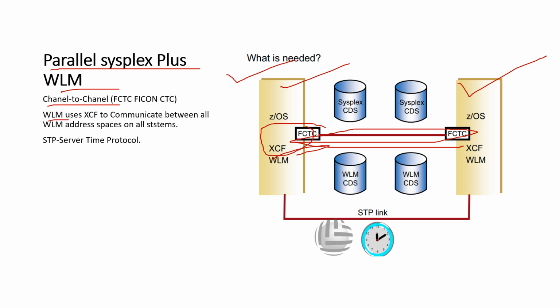WLM uses XCF to communicate between all WLM address spaces in all the systems. That also allows a Sysplex view for all workload in the Sysplex, and this becomes very important when further Sysplex functions such as data sharing, workload balancing, and transaction routing come in.